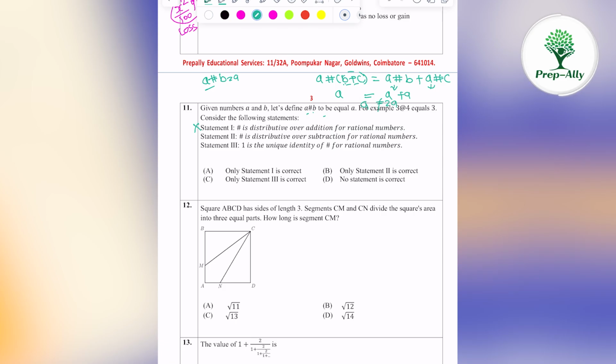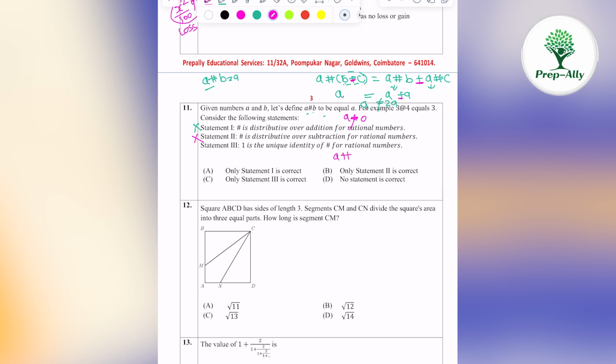Now hashtag is distributive over subtraction for the rational numbers. In place of the plus, if you substitute the minus sign, here you get A and this A minus A is 0. Again these are not equal to each other, so this statement is also not true. Now one is the unique identity for hashtag. What is the meaning of unique identity?